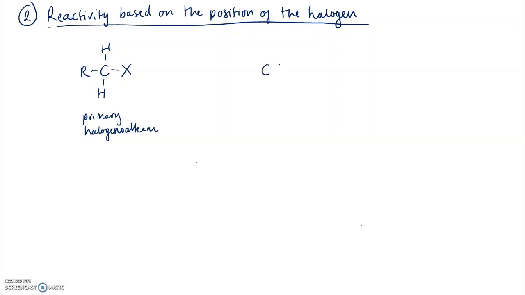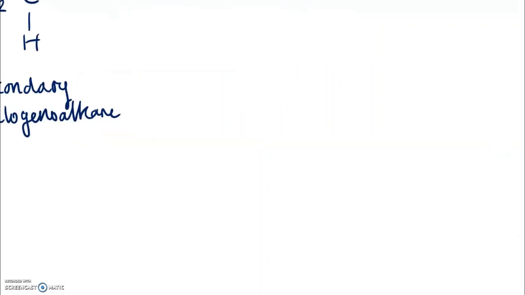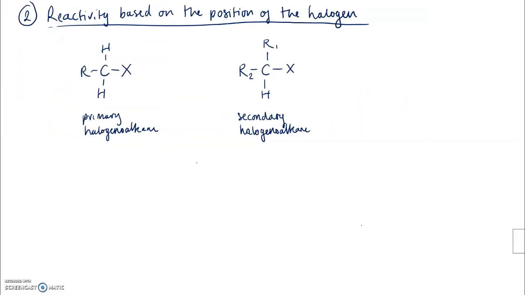Then your secondary halogenoalkane, where two of the groups bonded to the carbon, bonded to the halogen, are alkyl groups. So we can label those as R1 and R2. So this is a secondary halogenoalkane. And lastly, you've got the tertiary halogenoalkane, which of course has three alkyl groups, R1, R2, and R3.